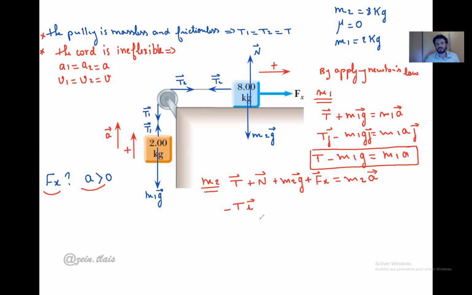We have minus T and plus Fx, so plus Fx i, you can write a common i, minus T plus Fx i. N is positive, so we have N minus M2g, M2g in the negative direction, j, equal M2a. Here, a with a positive direction.